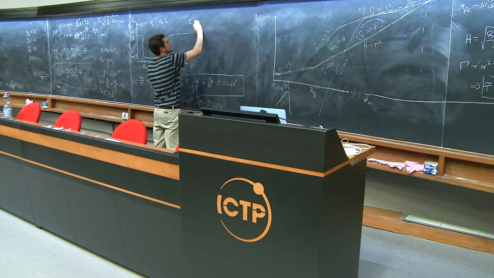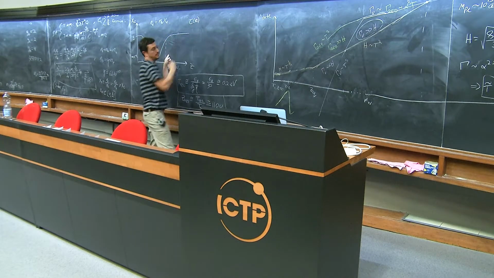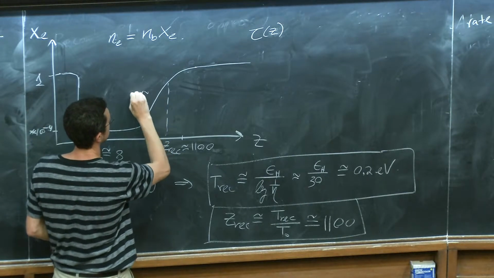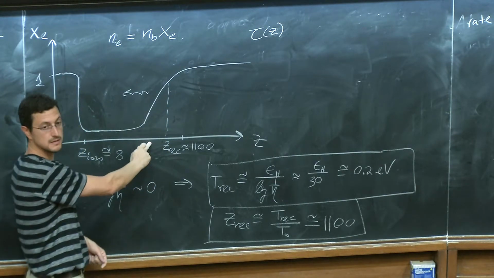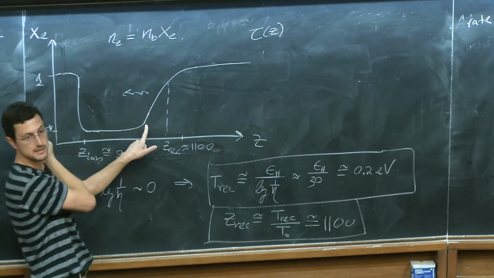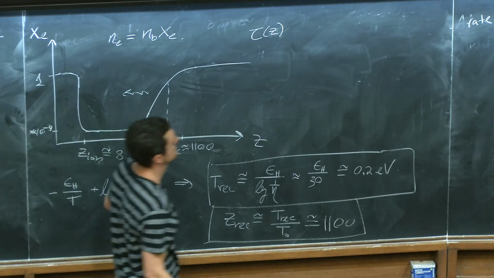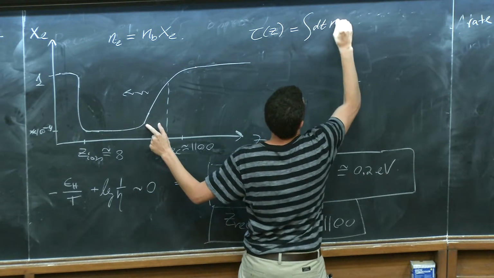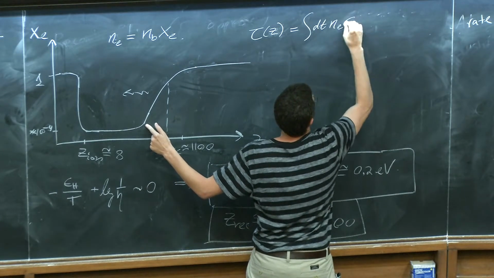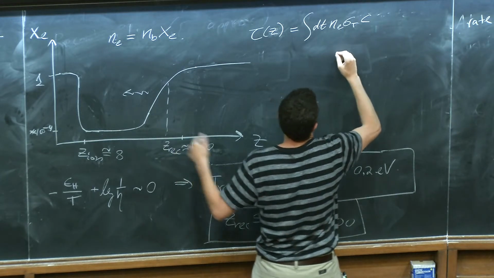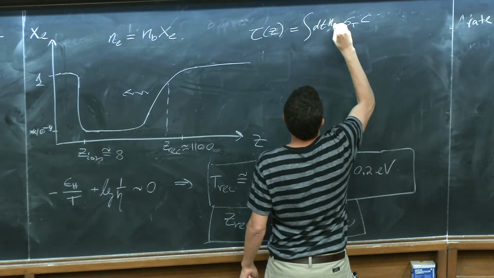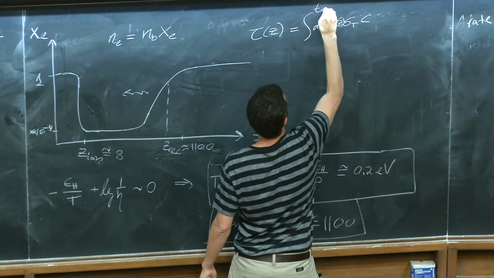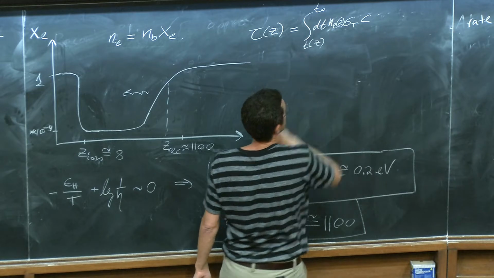Let's write it as tau of z, and by that I mean my photon is assumed to have been emitted at some redshift slice z, and I calculate how many collisions it had until it gets to me. So this is an integral dt, as we said before, times n_e sigma Thomson c. Now n_e is a function of z, and my integral goes from t naught to some t of z.